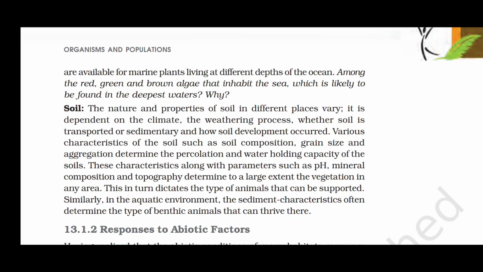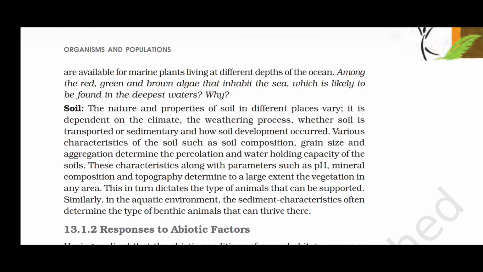Soil. The nature and properties of soil in different places vary. It is dependent on the climate, the weathering process, whether soil is transported or sedimentary, and how soil development occurs. Various characteristics of the soil, such as soil composition, grain size, and aggregation, determine the percolation and water holding capacity of the soils.